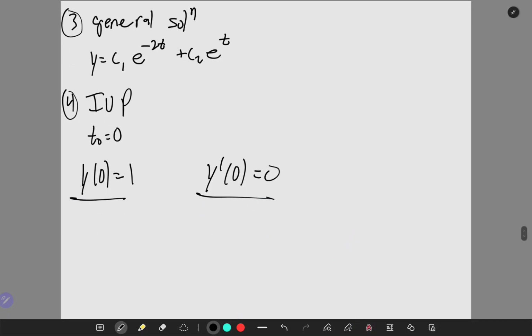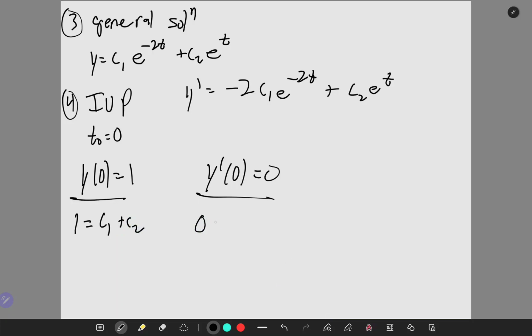So first of all, y prime is equal to negative 2 c1 e to the negative 2t plus c2 e to the t. For this one, we have 1 is equal to c1 plus c2. For this one, we have 0 is equal to negative 2 c1 plus c2.